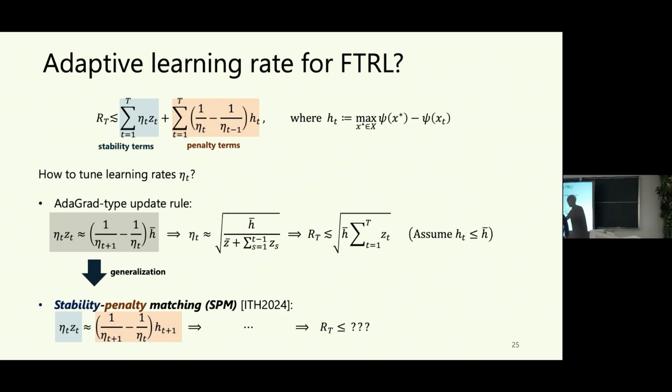Here the left-hand side corresponds to the stability term and the right-hand side is the penalty term. So we refer to this approach as stability penalty matching. It just matches the values of stability and penalty. So what can we get from this?